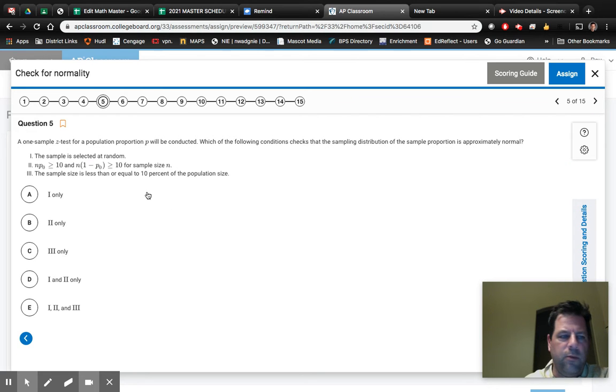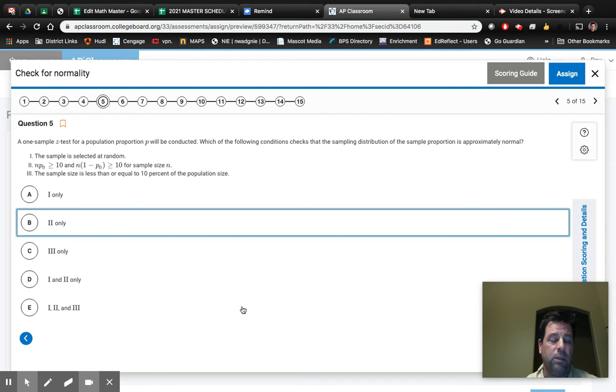All right. Number 5. A one sample Z test for proportion is conducted. They say it almost like we do, right? Which of the following conditions checks the sampling distribution of the sample proportion is approximately normal? The sample is random. That doesn't test normality. N times P greater than or equal to 10. That one checks normality. The sample size is less than 10%. That doesn't check normality. So it should be 2 only.